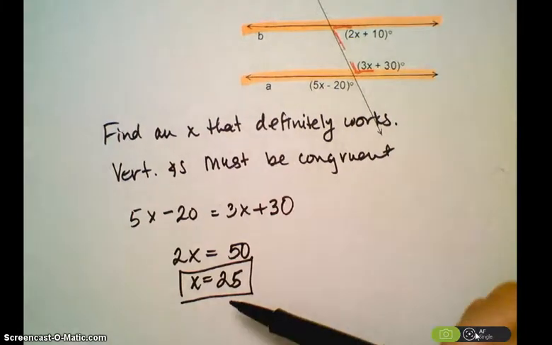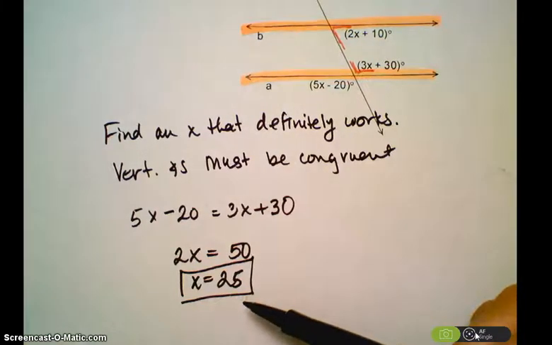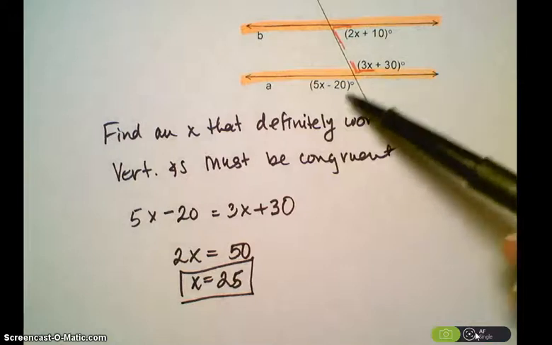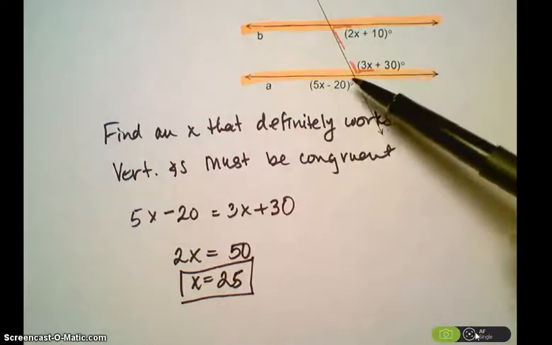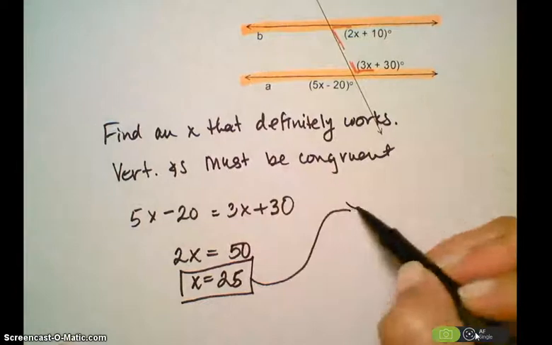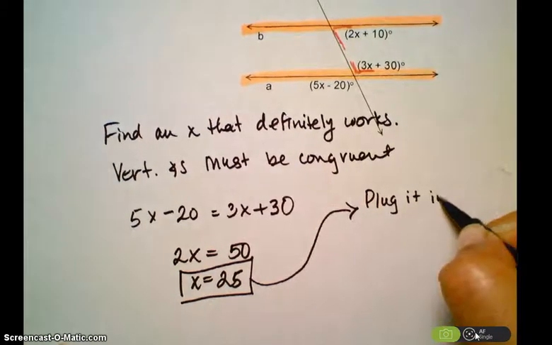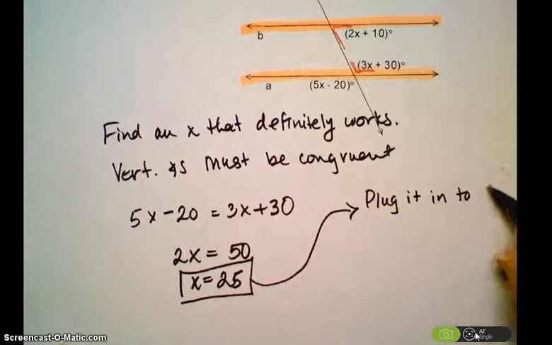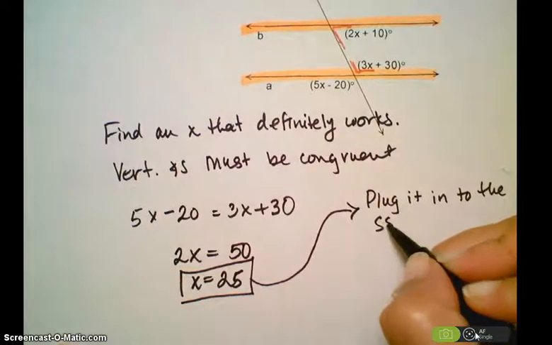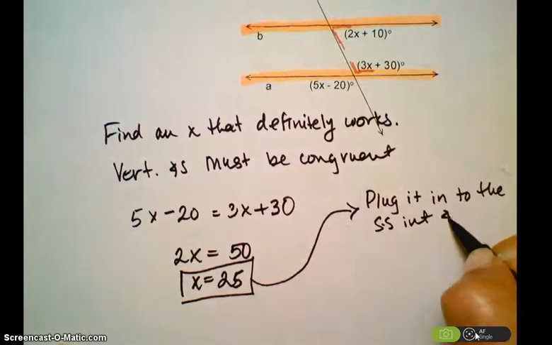Okay. I solve for x and I find out that x has to be 25 for my vertical angles to be congruent. And again, vertical angles must always be congruent. So I take that 25 and I'm going to go ahead and plug it in to the same side interior angles.